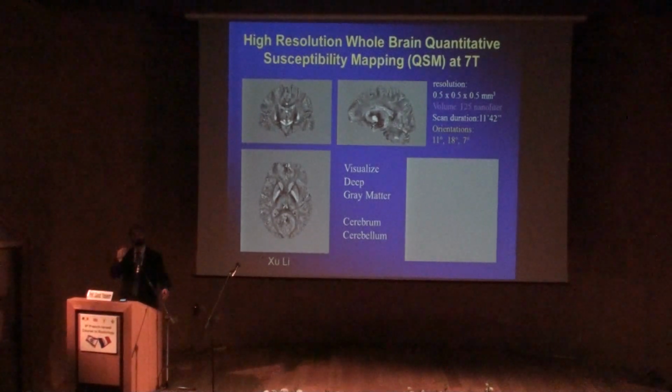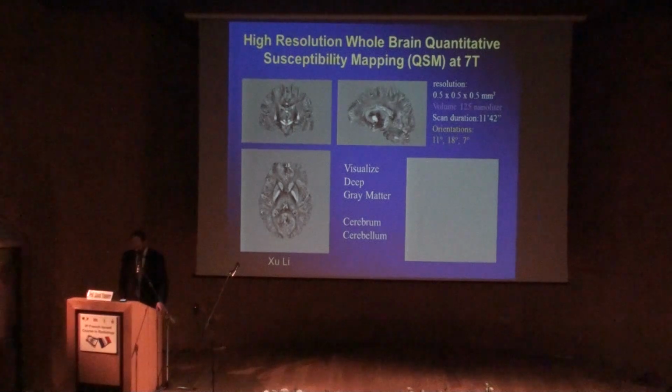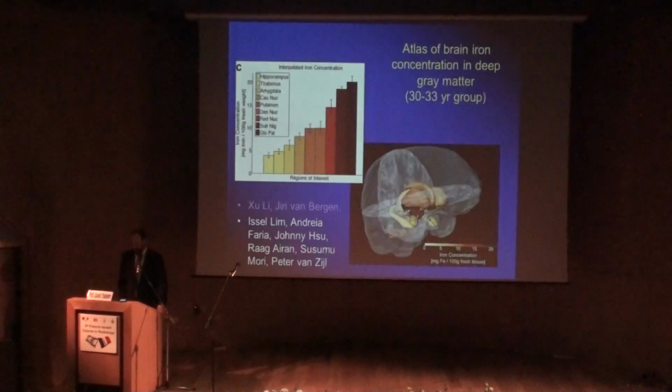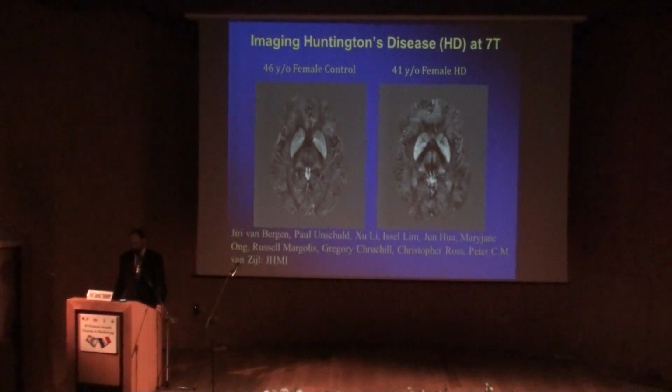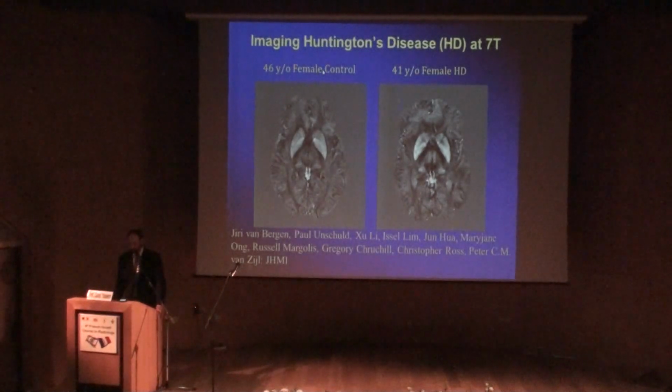We're creating normative data maps for all different age groups, and we've started to look at patients who have various neurodegenerative disorders. The first one we looked at, and this was Peter Van Zijl's group, was Huntington's disease. As you know, we would expect to look for something in the caudate nucleus and globus pallidus. This is a 46-year-old female control.